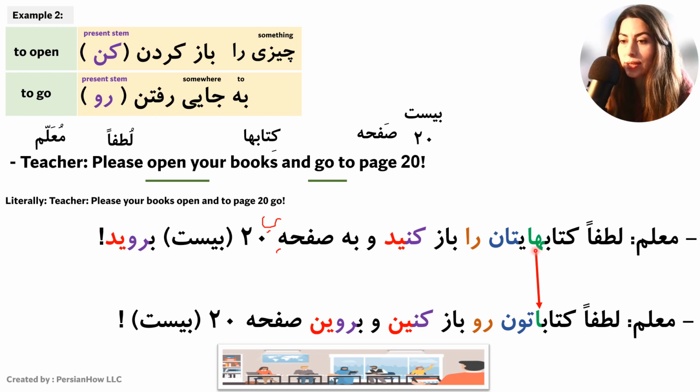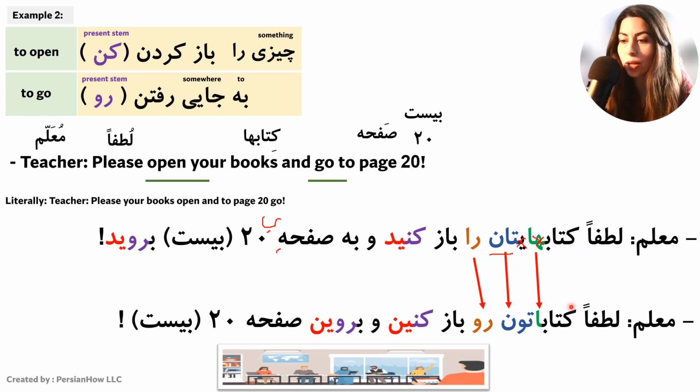Because hey, you see this is the ha for the plural, the suffix ha, right? So we really don't need he here. So ketabha becomes ketaba. And then yetan becomes, we get rid of ye, tan here becomes tun. And then ra becomes ro. So one more time.